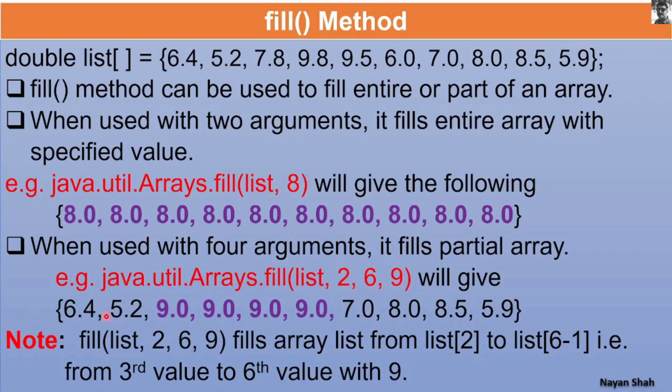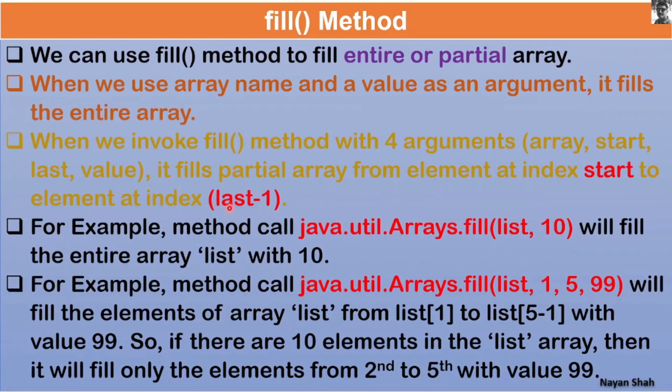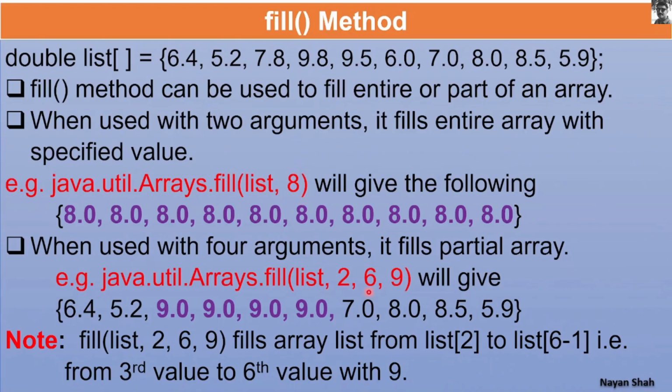So 2 is the third value, while the first and second remain as they are: 6.4, 5.2. Then 6 means 6 minus 1, last minus 1, as we have seen, so 5, and 5 means the 6th value. So the 3rd, 4th, 5th and 6th values become 9. The rest of the values remain as they are: 7.0, 8.0, 8.5 and 5.9.